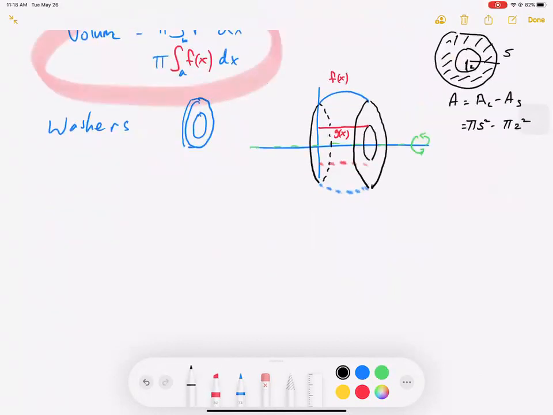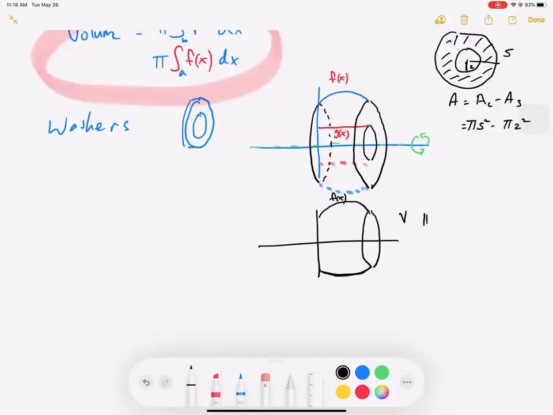So for this example here, let's go ahead and pretend that this doesn't have a hole. This is just the function f of x. If I spin f of x, we end up with this doorknob looking thing. And that equation is actually quite simple. That's pi r squared. Let me just rewrite it in a nice way.